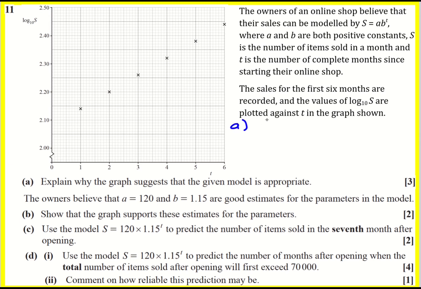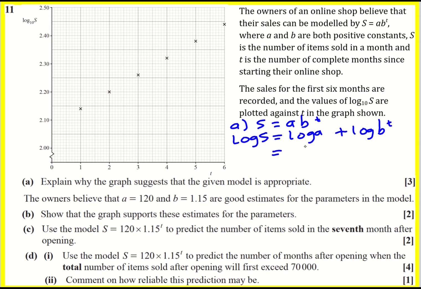So for this, we need to take the exponential and take logs and show that it's going to give a straight line equation. So log s will equal log ab to the t, and I can separate that to log a plus log b to the t.